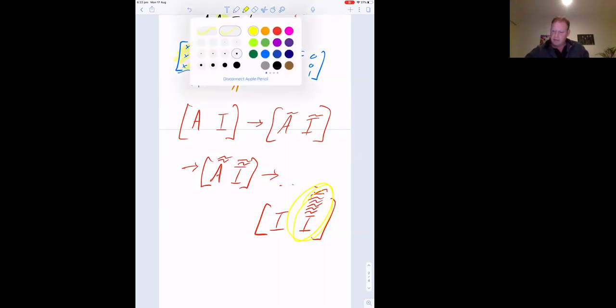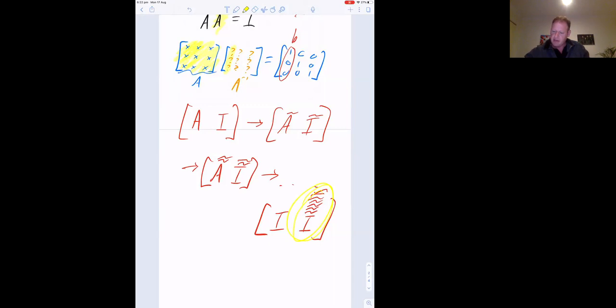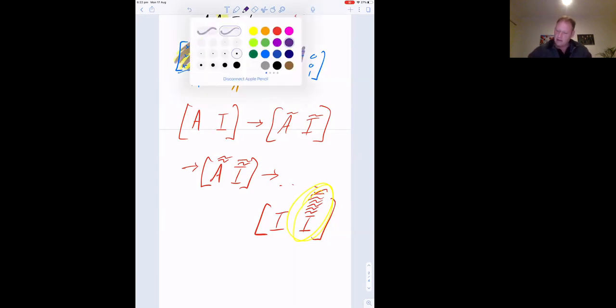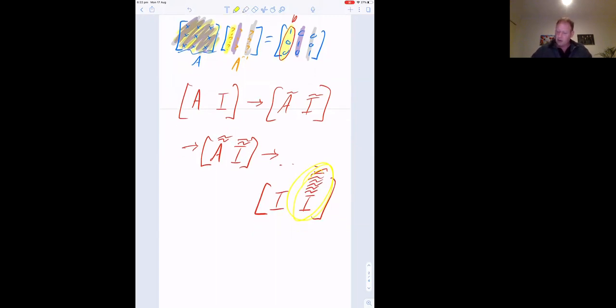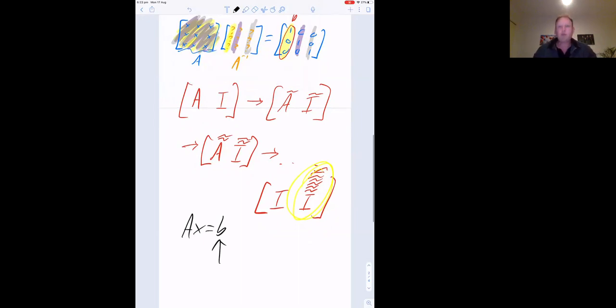This way 2 means that the matrix A times this vector is this vector, and the matrix A times this vector is this vector, and so on. In all these cases, it's like solving Ax equals b, but each time your b is a different unit vector.